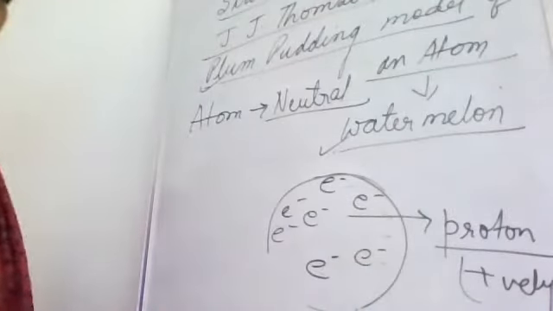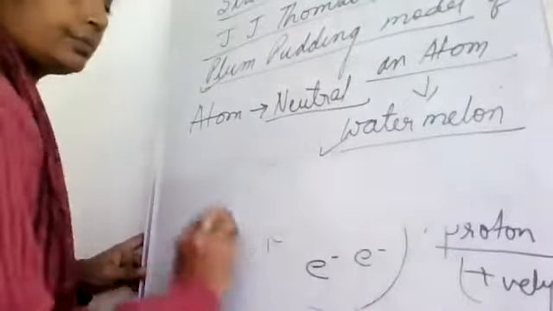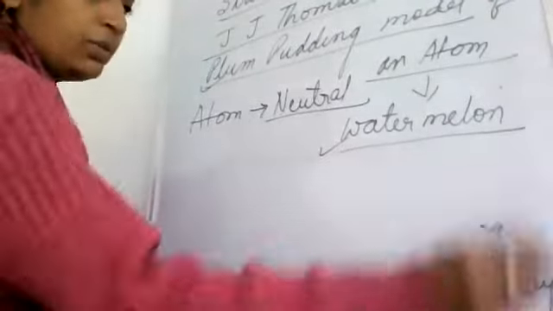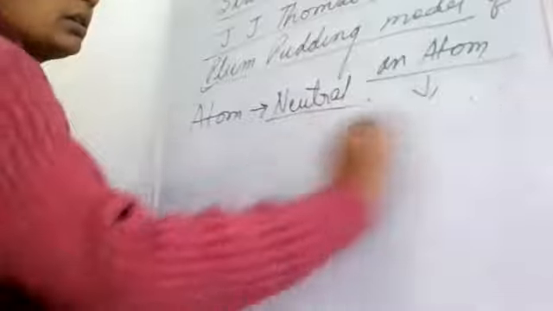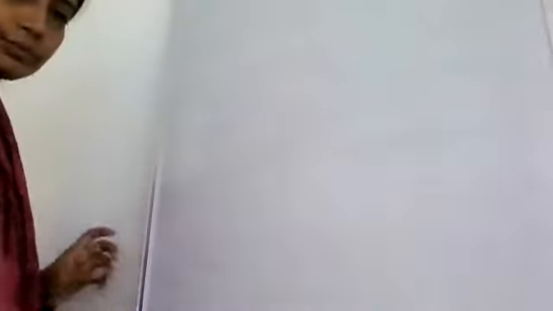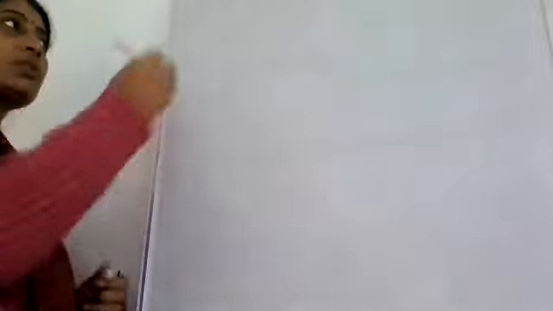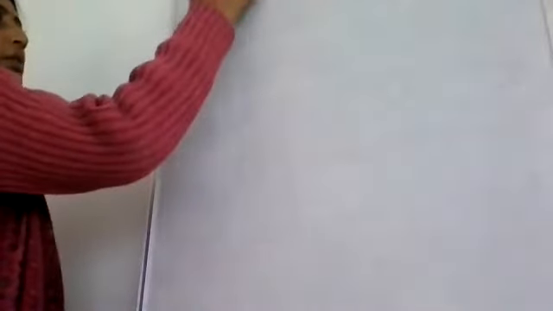Let us see how it was not justified. It was not able to explain the stability of the atom. The second model which came after J.J. Thomson was Rutherford's model of an atom.